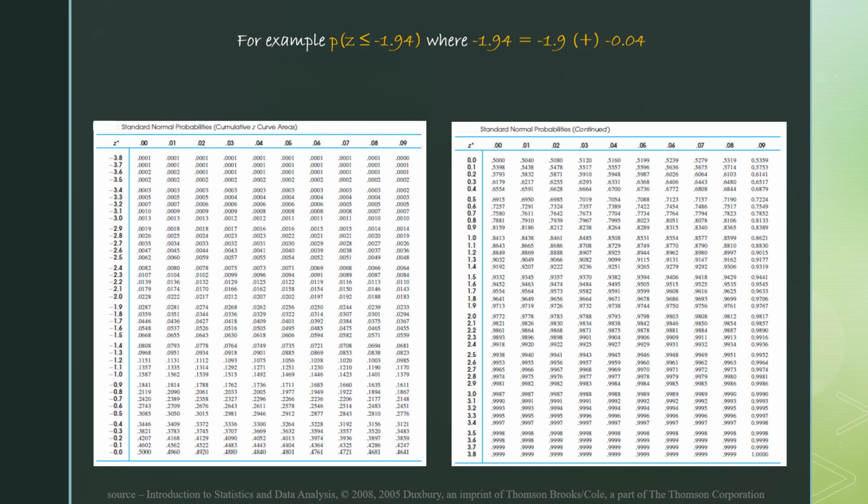For example, the probability that z takes a value less than or equal to minus 1.94, where minus 1.94 equals minus 1.9 plus minus 0.04, equals 0.0262, that is 2.62%.